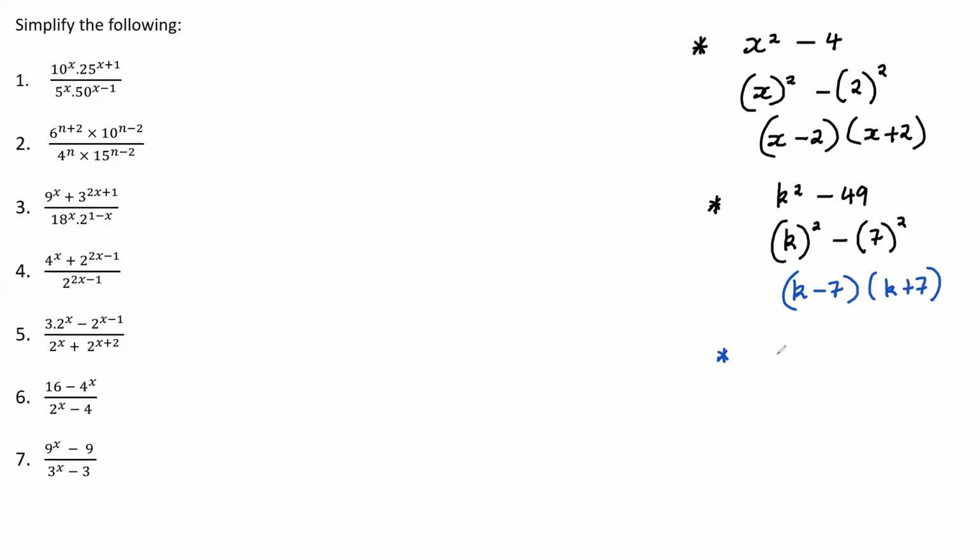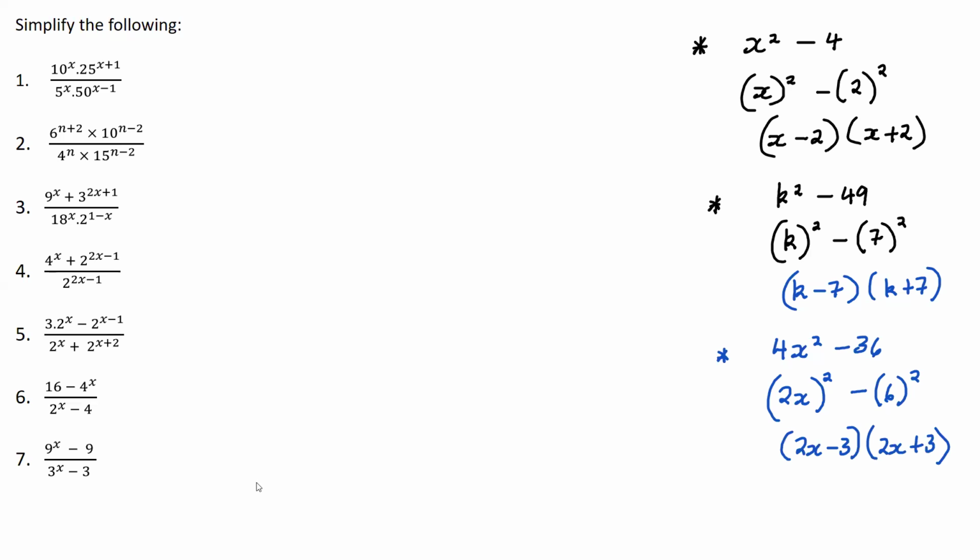I could have 4x squared minus 36, which I could write as 2x squared minus 6 squared, perfect squares. As long as you can make it into a perfect square, maths allows me to have it as 2x minus 6, 2x plus 6.